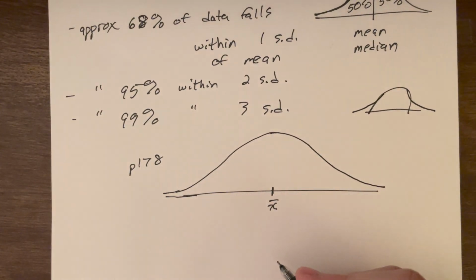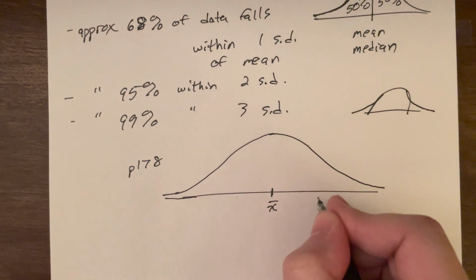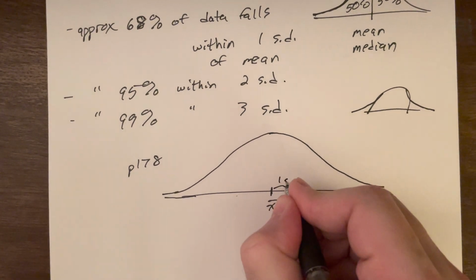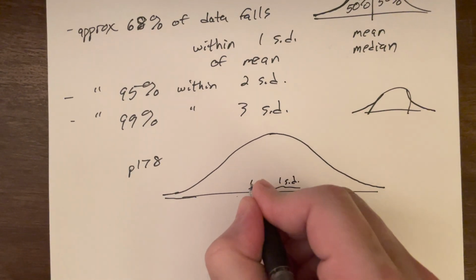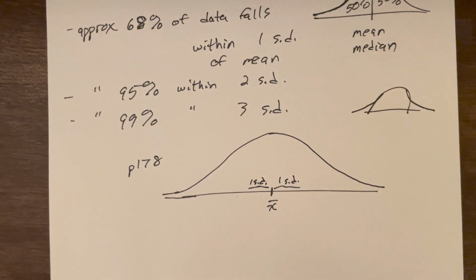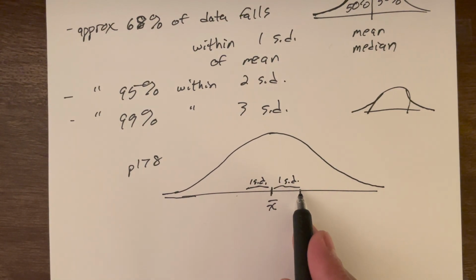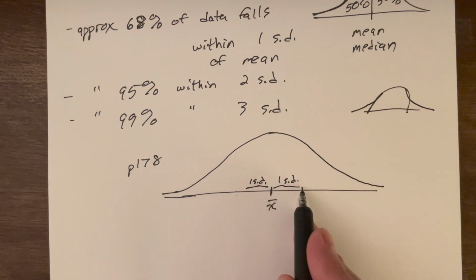So if we've got that mean, if we go 1 standard deviation in either direction, this is a distance of 1 standard deviation. The standard deviation is the same inside a data set, so it's not like I go up 3 and I go down 2. If I go up 3, I go down 3.